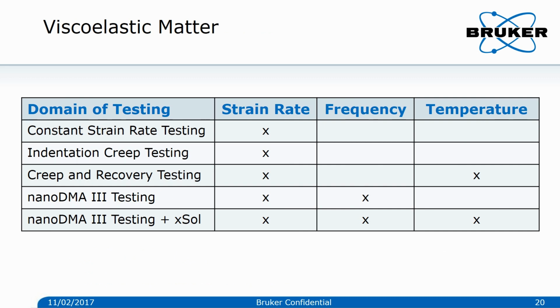Now we are changing to viscoelastic matter. In the following, different aspects of a 3D printed polymer shall be observed. Different tests will be employed at room temperature or in combination with the heating stage at higher temperature to better understand the material's behavior.